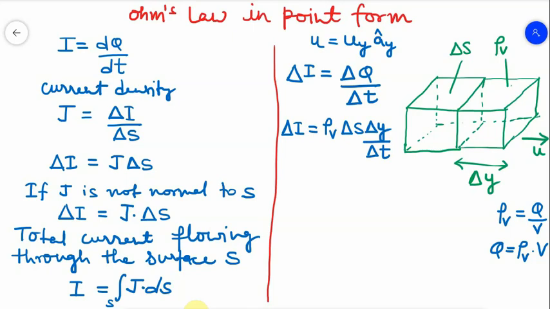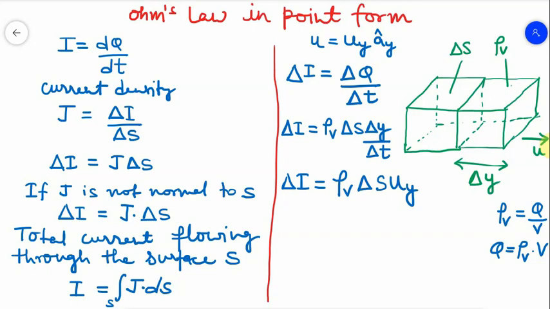Now what is del y upon del t? It is distance per unit time, so it is velocity. So del y upon del t can be written as uy, because the velocity is acting along the y direction. So del I equals rho v del s uy.